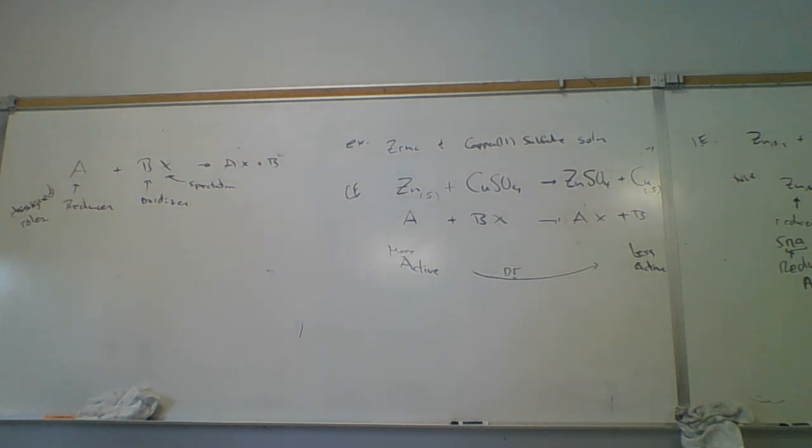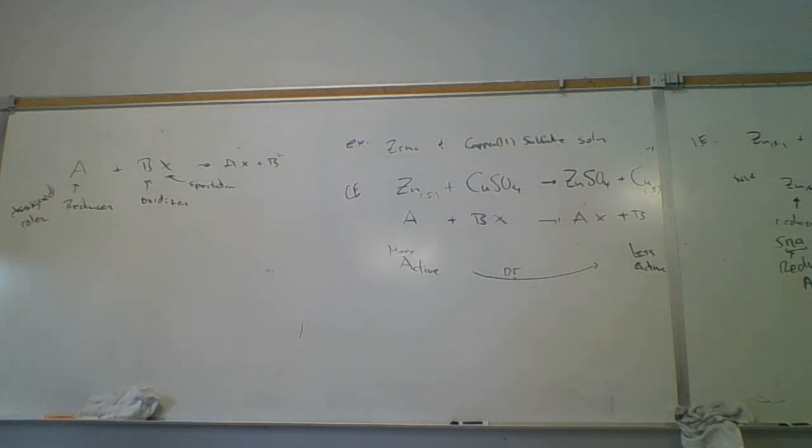And so let's take a look at the oxidizing agent. We're going from copper 2, which is at the top there, and zinc 2, which is here. Which one is a more active oxidizer? Copper 2.